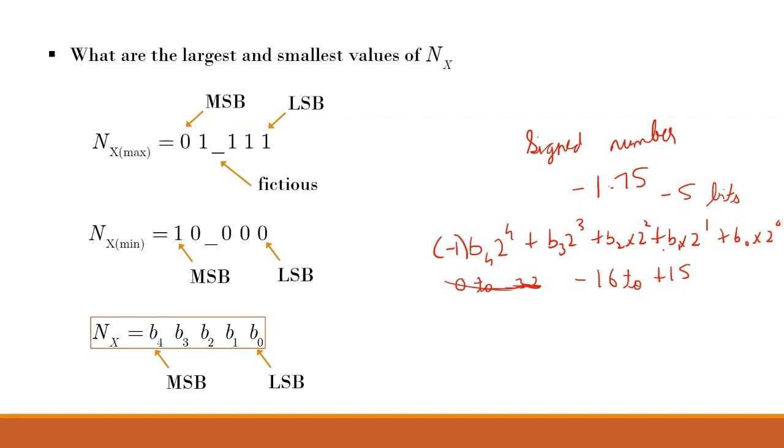The minus 1 belongs only to the B4 term. So B4 is multiplied by minus 2 to the power 4.